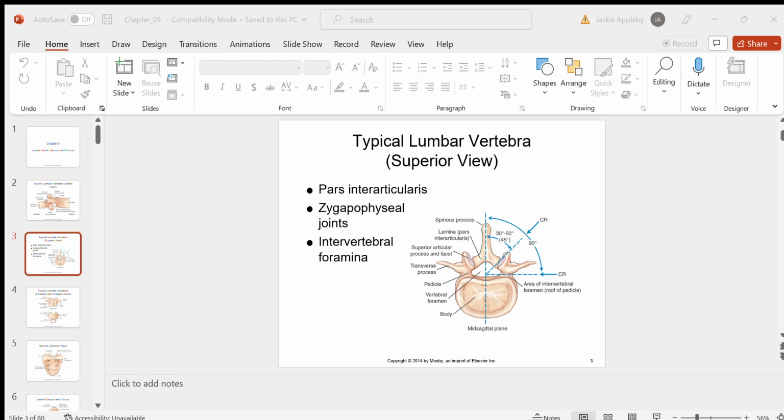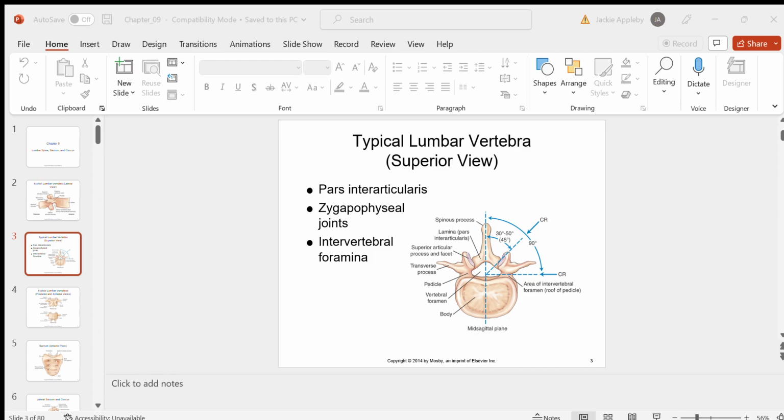The articular facets lie at a different angle than they did in the thoracic spine. Do you guys recall the angle that these articulations were at in the thoracic spine? 30 degrees? A little bit more? 30 to 50? It's about a 70-degree angle, 60 to 70. It changes depending on where you're at in the spine.